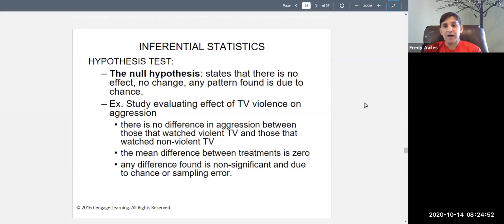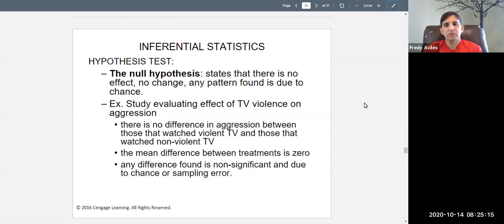Any difference that you found is non-significant and due to chance or sampling error. If it's not exactly 0, that difference is usually not significant. It's probably small, and it's actually due to sampling error, just chance or luck. In other words, there's no effect.